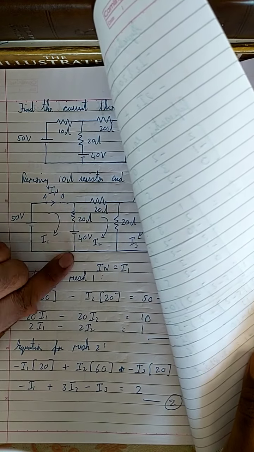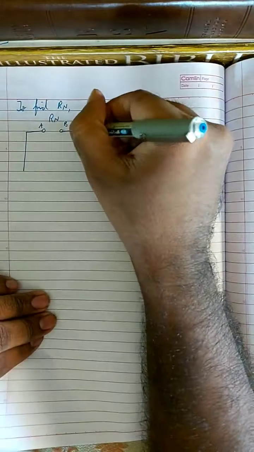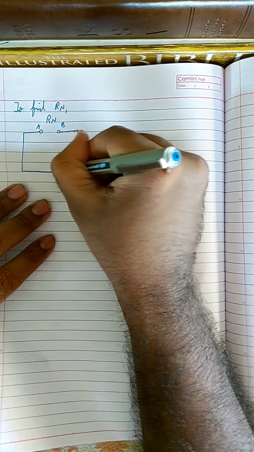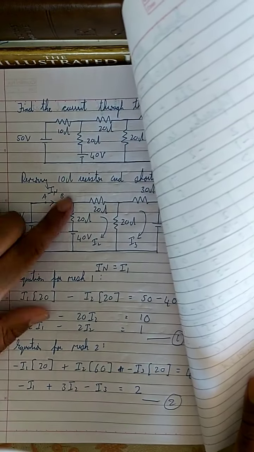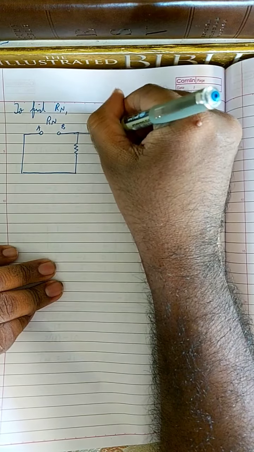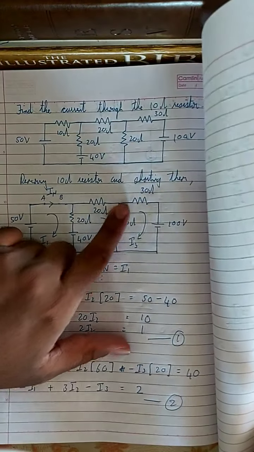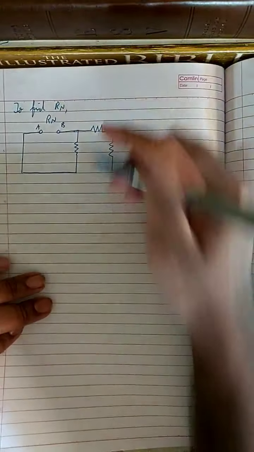Here you have a resistor and then you can join it to the ground. So you have only a single resistor over here. Then we have another resistor and another resistor over here. Then you have another resistor over here, then you can short it.